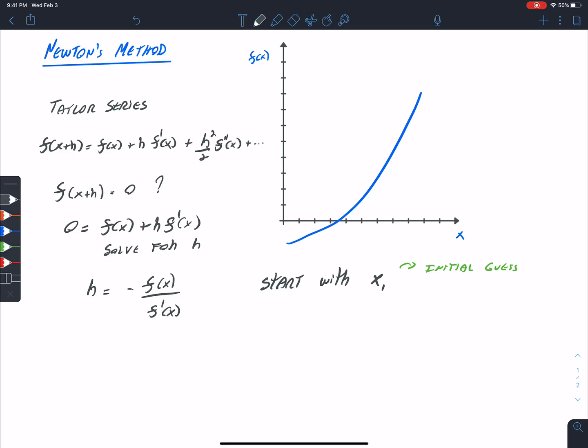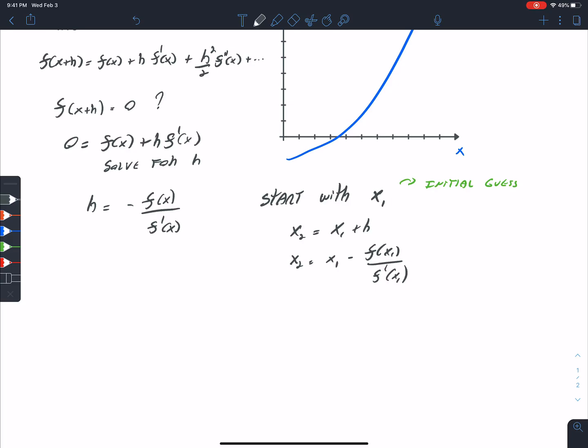We would like to produce x2, which is an update of this guess, equal to x1 plus the h we just solved. So we plug in x1 for x, and our x2 will be x1 plus h, which is x1 minus f evaluated at x1 divided by f prime of x1.